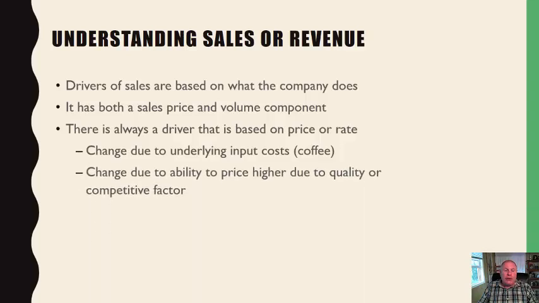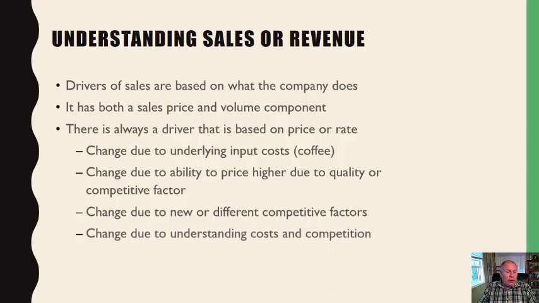It could also change due to the ability to price higher, maybe because we have a better product, or a competitive factor, like somebody went out of business. There may be new or different competitive factors, somebody's come up with a better idea, or a change in understanding cost and competition. We've gotten better.